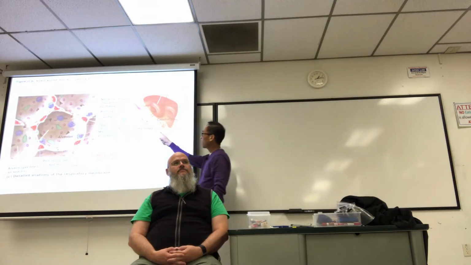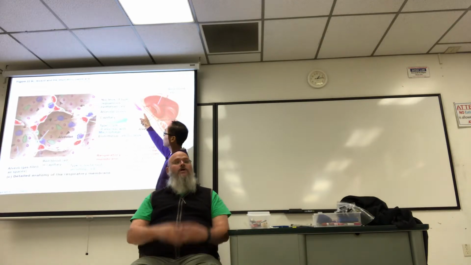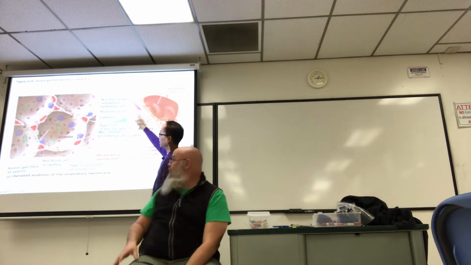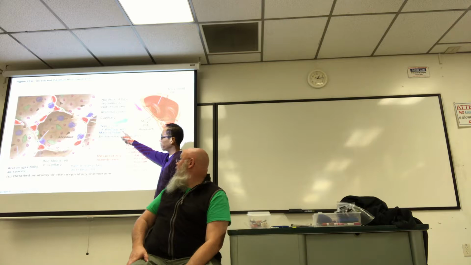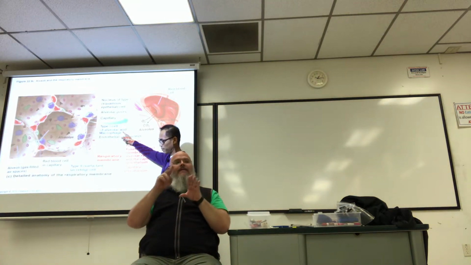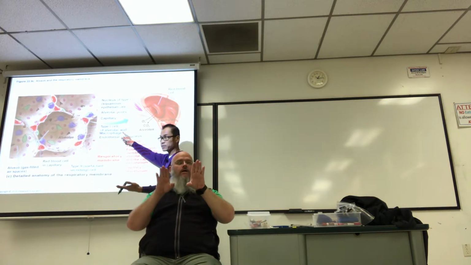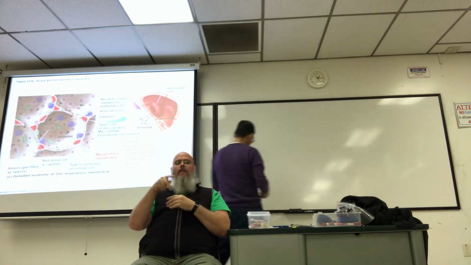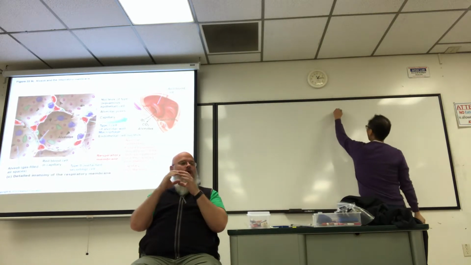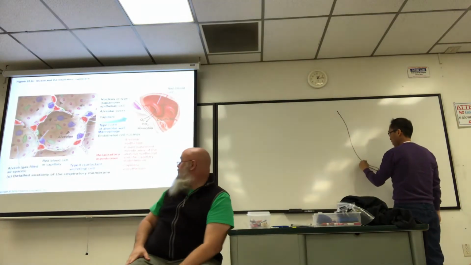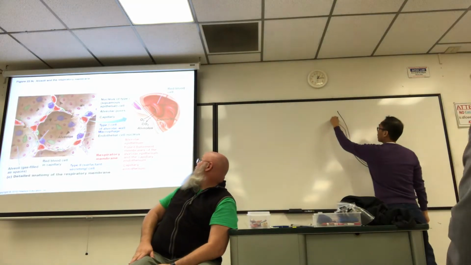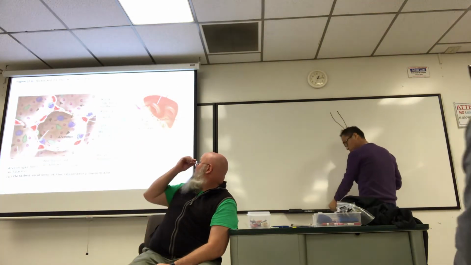So, I'm going to draw this cell. It's a cell of the alveolar wall of the alveolar space. I would describe it as a simple squamous epithelial cell, this cell here. You have a little nucleus in there.